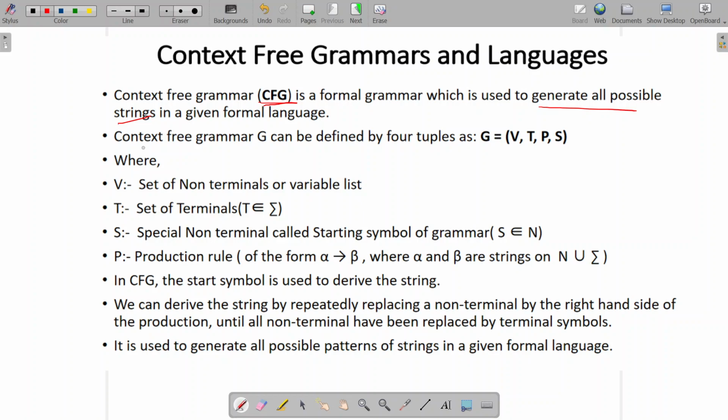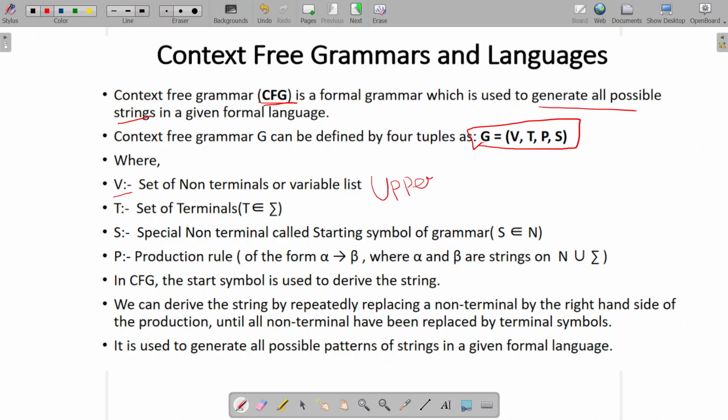So the context-free grammar G is defined by a tuple, G equals (V, T, P, S). So the grammar is defined by four values: V, T, P and S. V is the set of non-terminals or variables. Non-terminals are normally represented by uppercase letters.